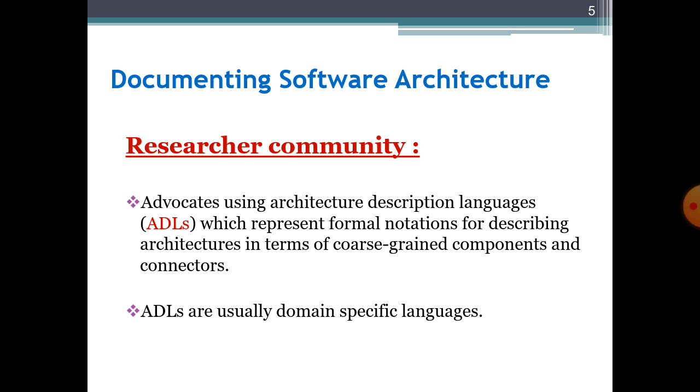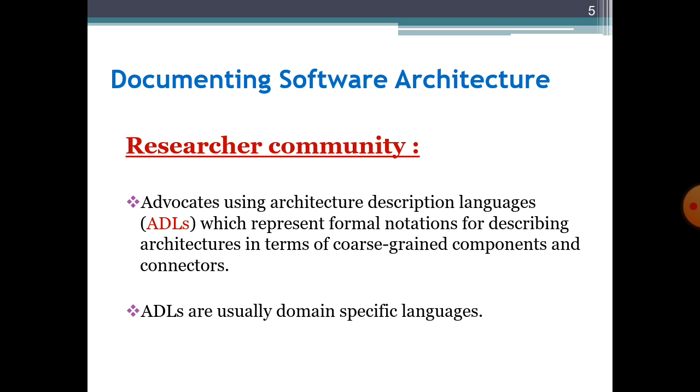We do not study this architecture description language until our lecture number 26, and it is not part of your course, but I would like to give you a little bit of discussion about what this architecture description language actually is. Students, this architecture description language is a modeling notation to support architecture based development.